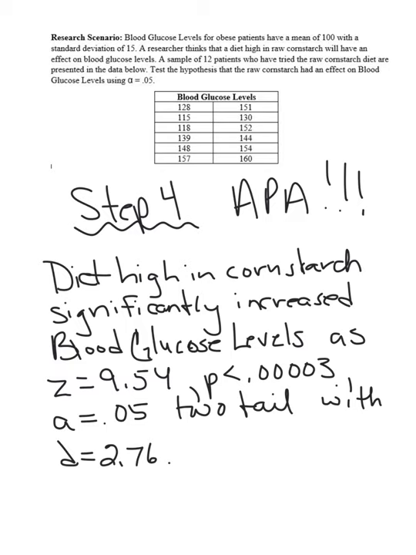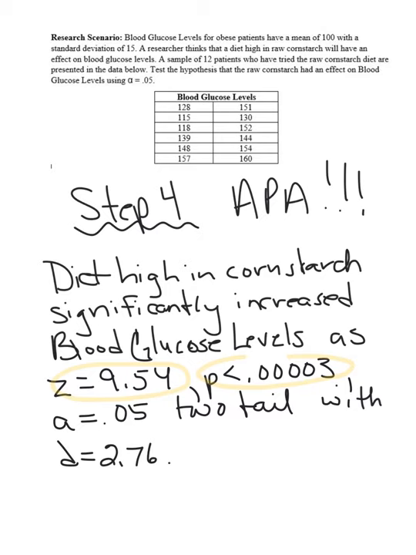So it's not a sentence and then a period after this, and then you report all your statistics. No, it's not. I'm taking that period out. It is all one sentence. You start with your test statistic and you follow up with your p-value, because the p-value is the probability value at a location of 9.54.